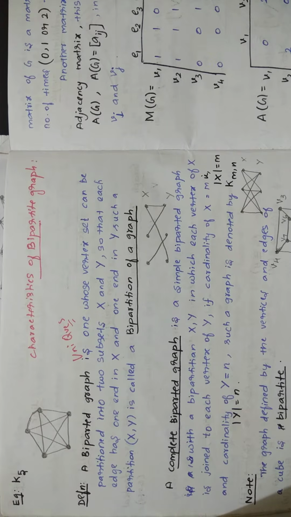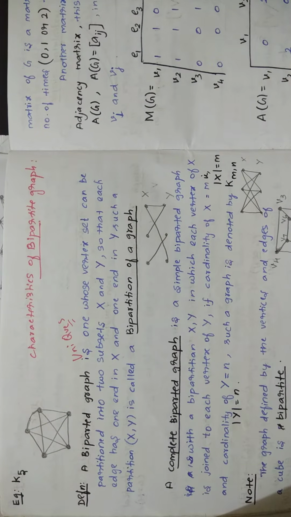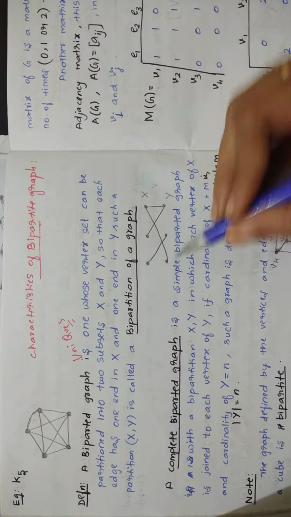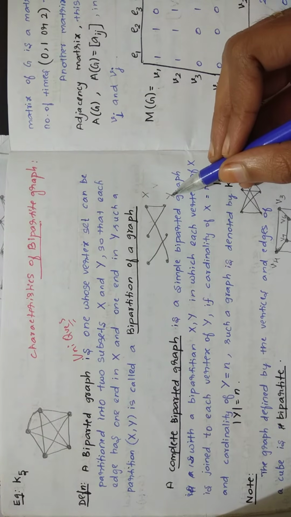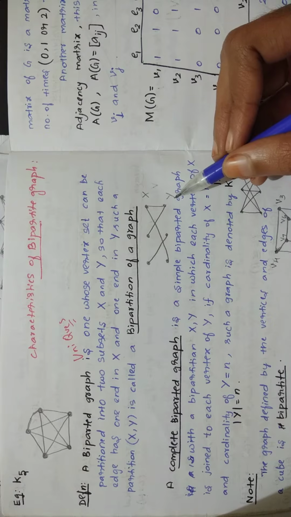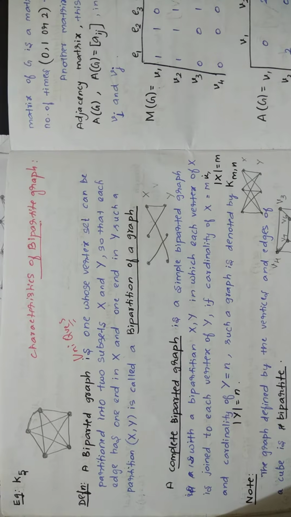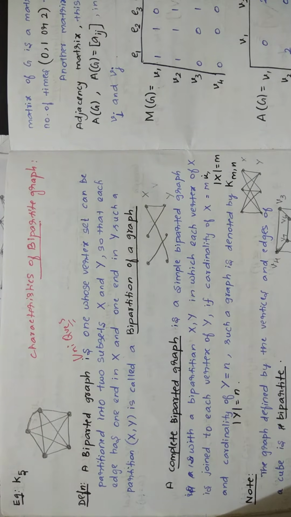You are partitioning the vertex set into 2 subsets, that is X and Y. In the above you can see X, in the below you will see Y vertices. So in a bipartite graph, you will have edges, no? One end of the edge will be in the set X and another end of the edge will be in the set Y. So that kind of graph is called a bipartite graph.